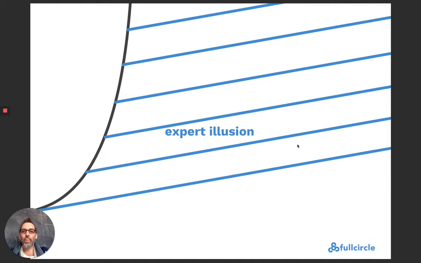This is why many experts fall prey to the illusion that at any point in that curve, they will move on, or the development will move on linearly, where it will still continue exponentially.